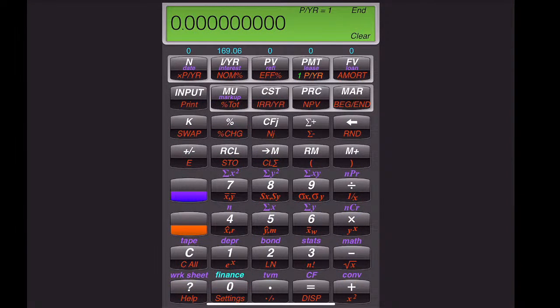All right, so let's try this. 1.002 divide 1.005 equals, to the power.